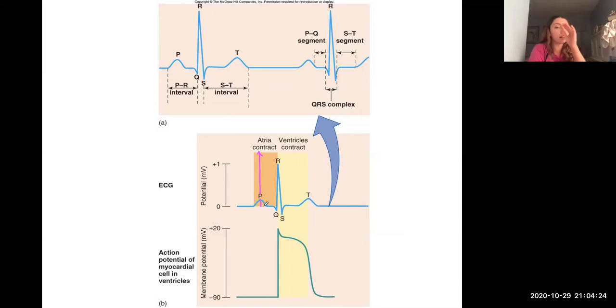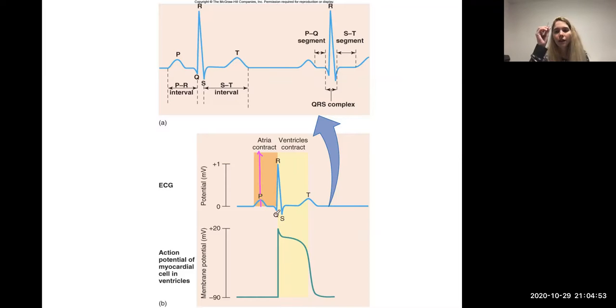The AV node waits a little bit, and then sends it through the bundle branches to the ventricles, and the nodal cells depolarize, and that's what the QRS complex stands for, the depolarization of the nodal cells at the ventricles, or at the Purkinje fibers. Okay, it's showing that. I hope it makes sense.